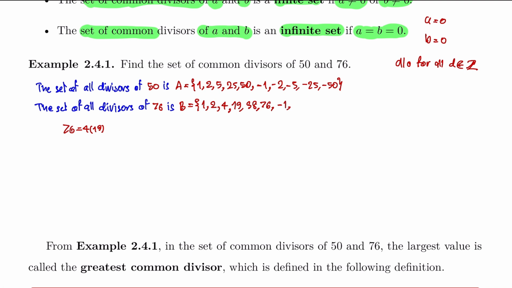So we have minus 1, minus 2, minus 4, minus 19, minus 38, and minus 76. This is the set of all divisors of 76.